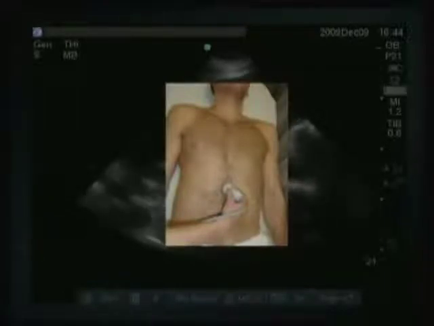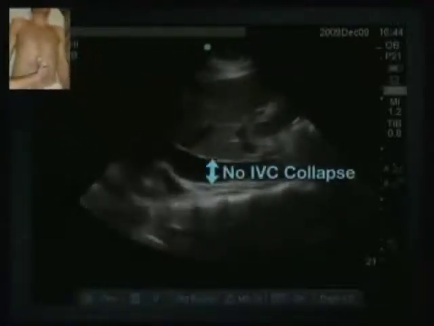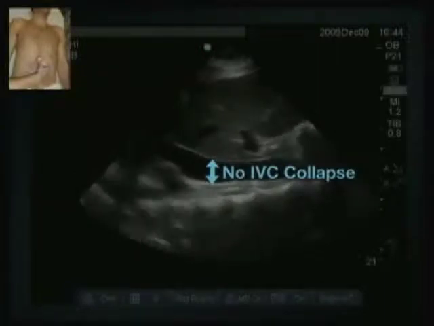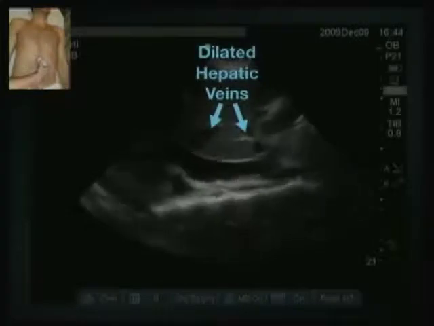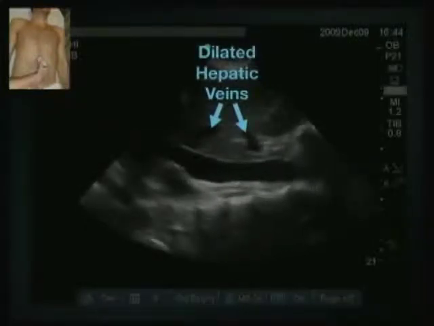You place the probe in the midline with the pointer pointed towards the patient's head, and just scan to the right of midline to see the longitudinal view that's demonstrated here. And here we see that there's no IVC collapse, or that the IVC is plethoric, and we also see that there are dilated hepatic veins. So this tells us that the patient's central venous pressure is very high, consistent with cardiac tamponade.